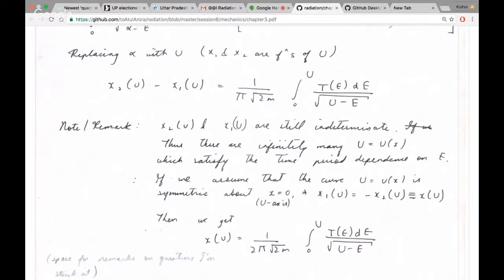Thus, there are infinitely many u, which is function of u of x, which satisfy the time period dependence on u. If we assume that the curve u equal to u of x is symmetric about x equal to 0, then x1 of u equal to minus x2 of u, the same as x of u.